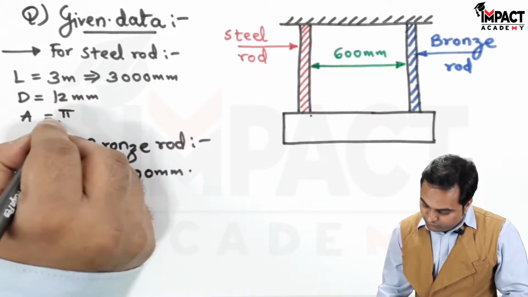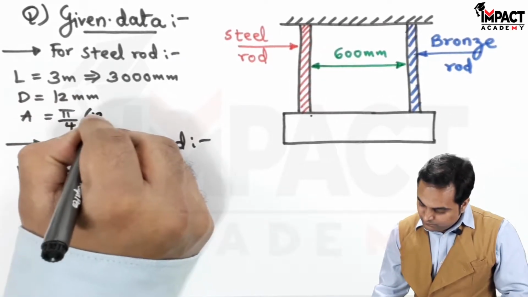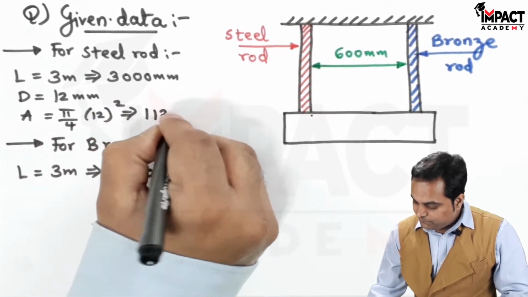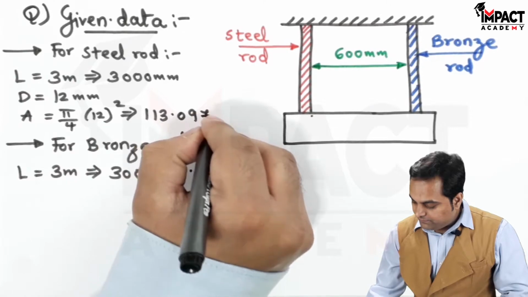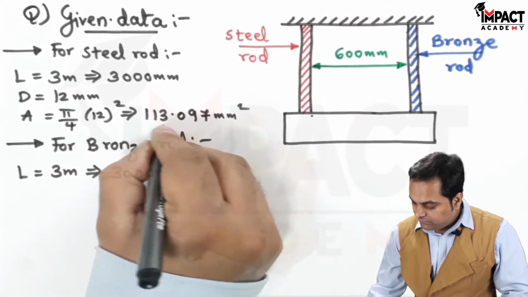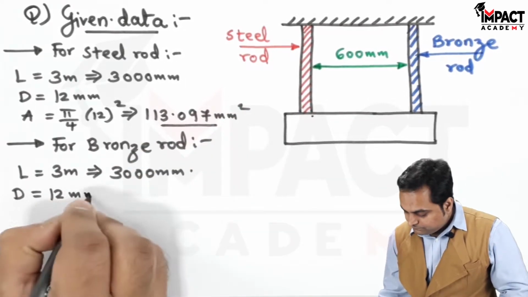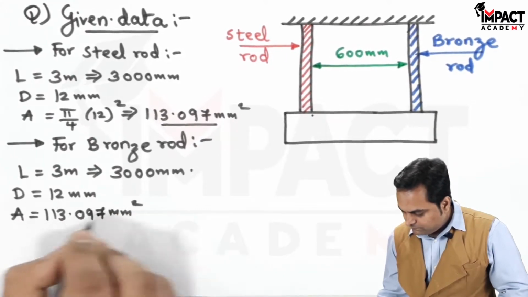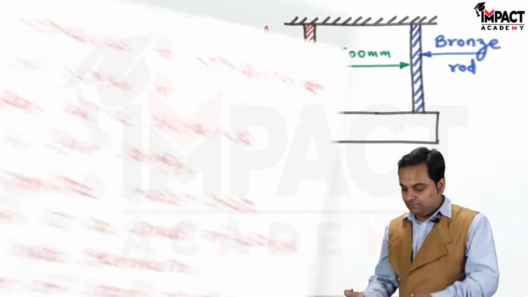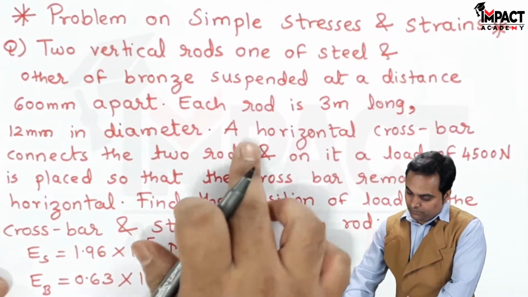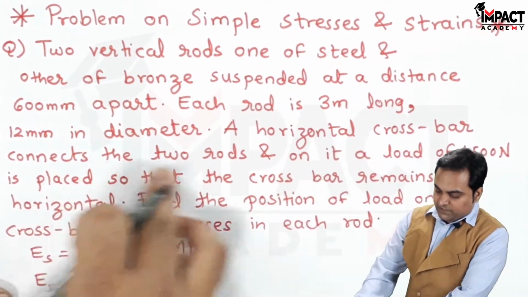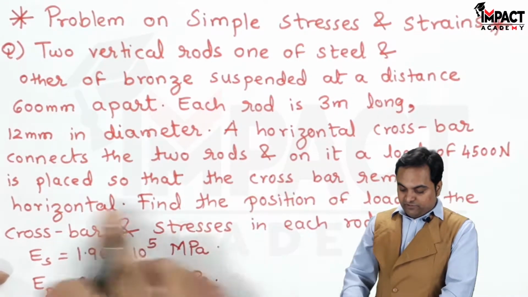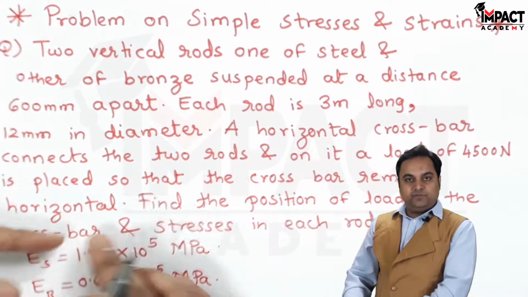Area would be pi by 4 times 12 squared. It gives me the value as 113.097 mm square. Same value of area. Next, a horizontal crossbar connects the two rods, and on it a load of 4500 Newton is placed so that the crossbar remains horizontal.